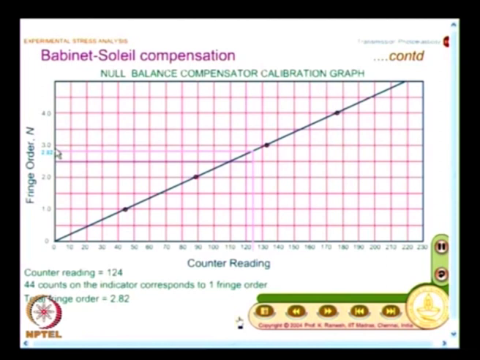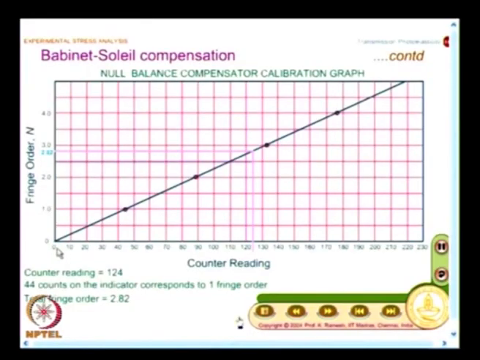I get this fringe order as 2.82. So, this is far more accurate than finding out based on plotting your graph, and here I do not need to plot a graph. I have the calibration done just by noting the counter reading.